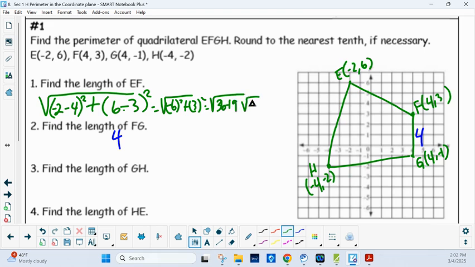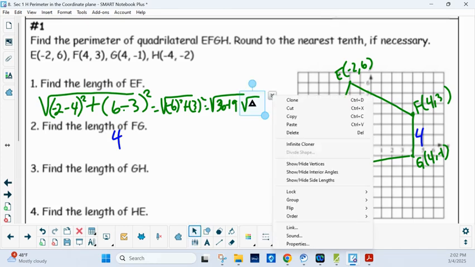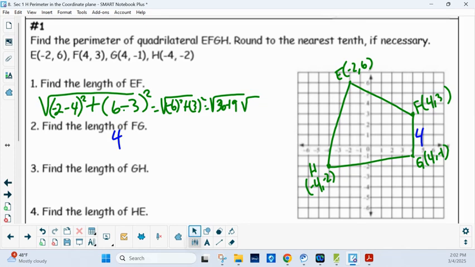Add those together, it's 45. So square root that to the nearest hundredth. 6.71. So that was EF.